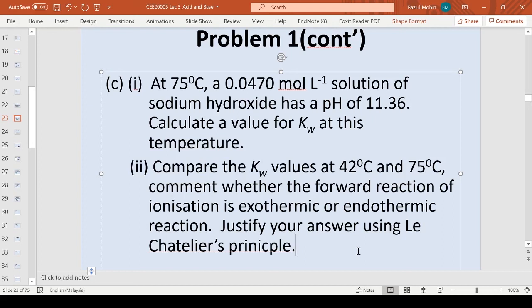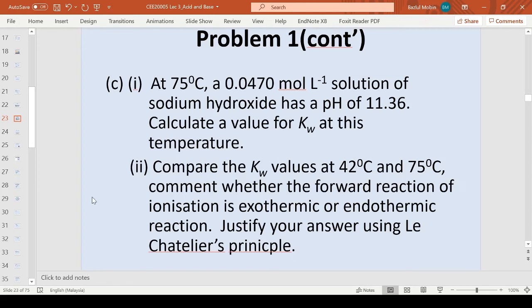But if it is the opposite, that means if it produces heat when it dissociates, it should be an exothermic reaction. So if it is exothermic and we put in more heat, it will dissociate less, because of Le Chatelier's principle.